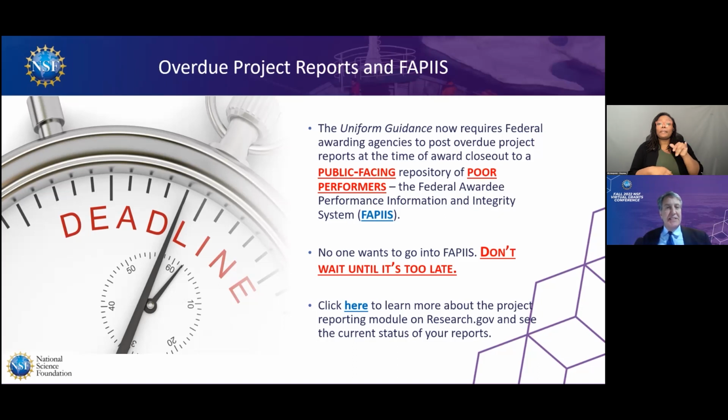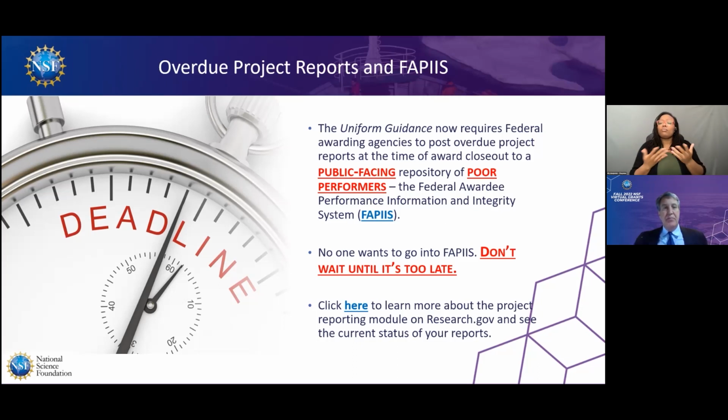FAPIS basically says that within 1 year of the end date of an award, if any of the annual reports, final report, or that project outcomes report, that POR, have not been submitted to the NSF, NSF must report the awardee organization to FAPIS for material noncompliance with the terms and conditions of their federal grant. So this is not something to be taken lightly.